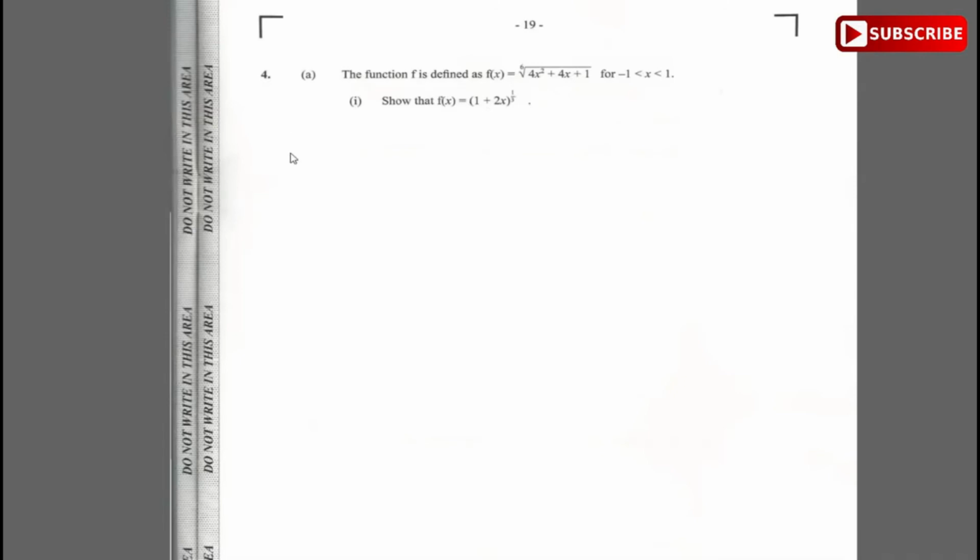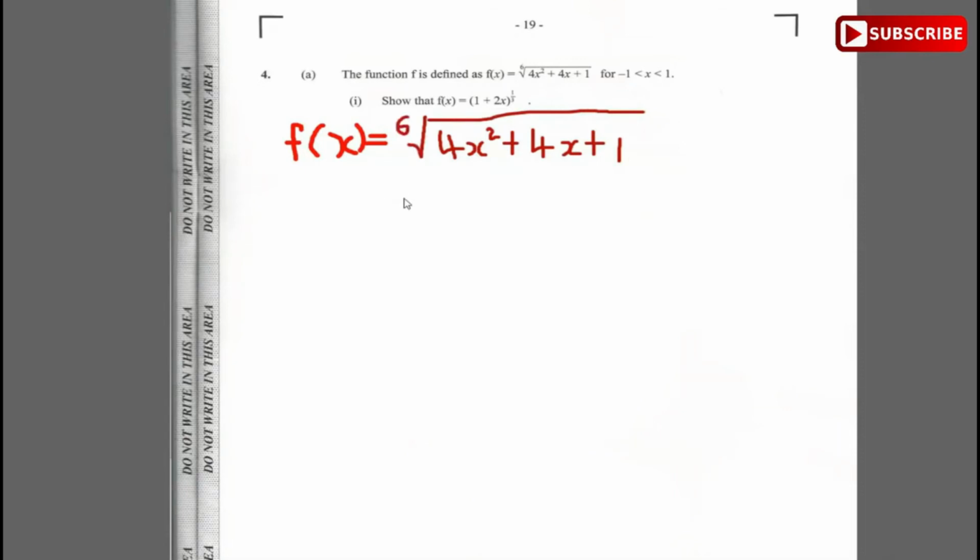So first we start by saying, they gave us that f of x is equal to the 6th root of 4x squared plus 4x plus 1.